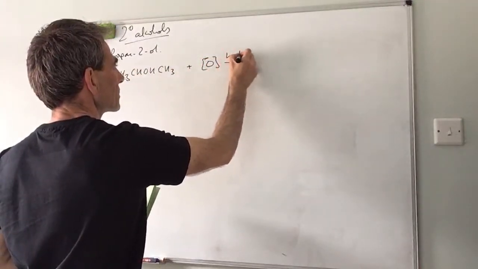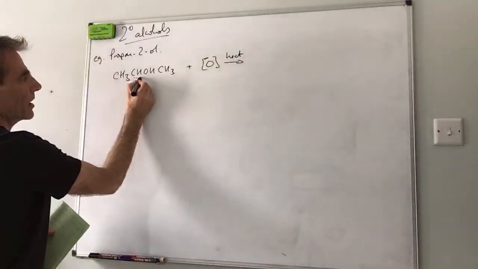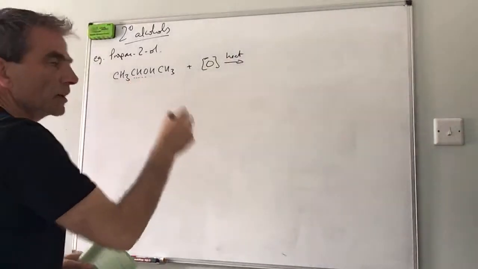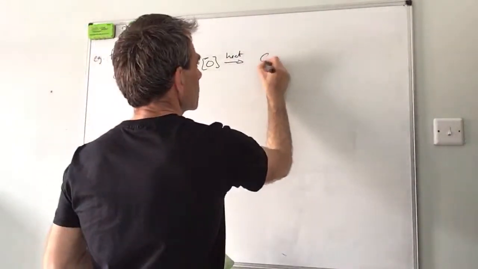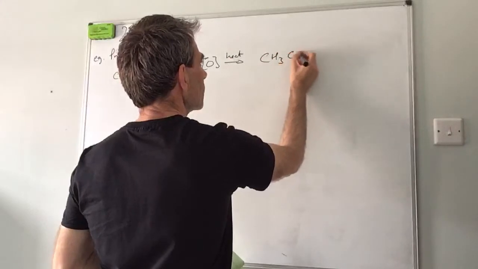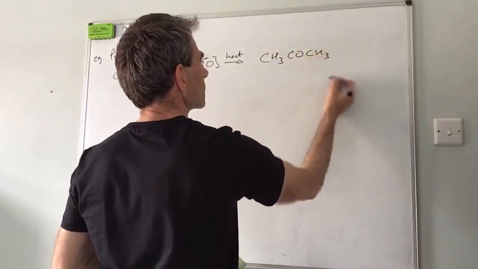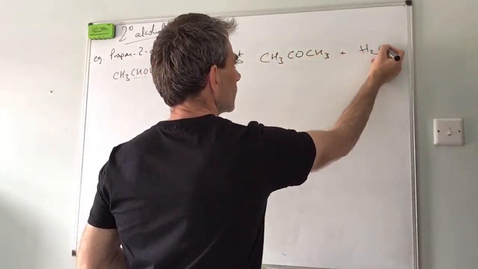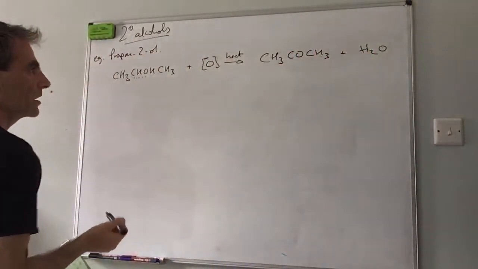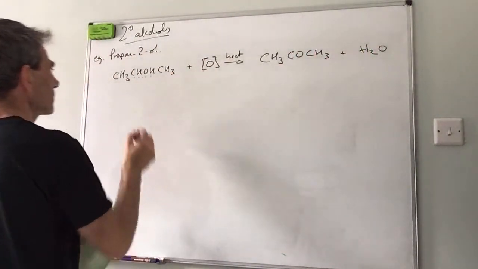Obviously we need heat. And basically, there's your functional group there. That's going to change into a ketone. So you get CH3, CO, CH3, and you get a water molecule, okay? Orange to green colour change.